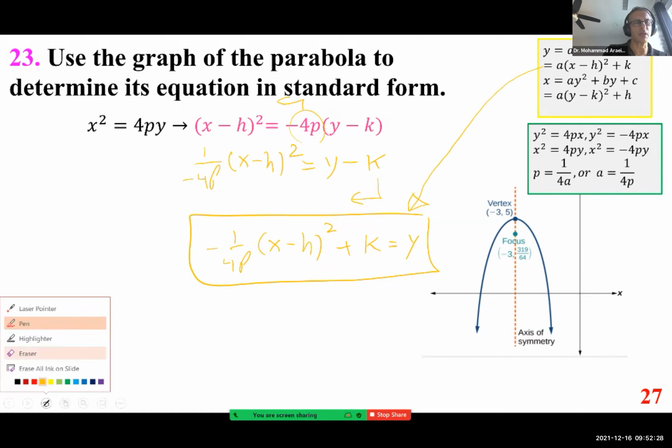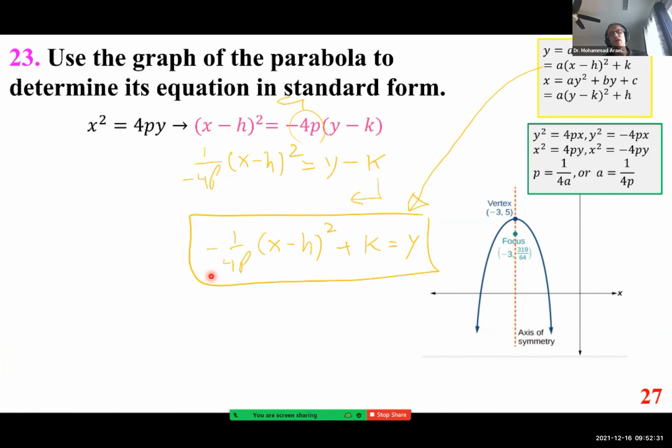This negative is because it opens down, class. I hope you see that they are identical. So you see how we arrive at it. And this is the value of A that was discussed. So either way, I suggest you stick with the method that you're comfortable with. You can even stick with that and put it in the format they asked you.